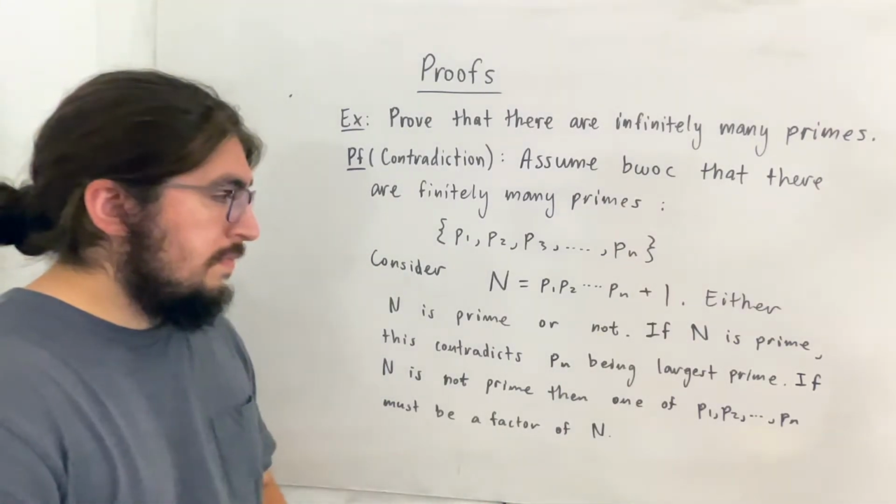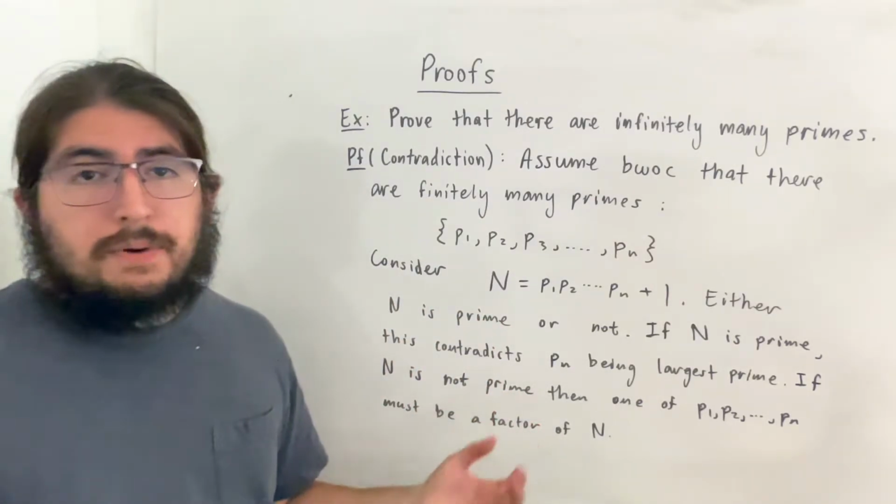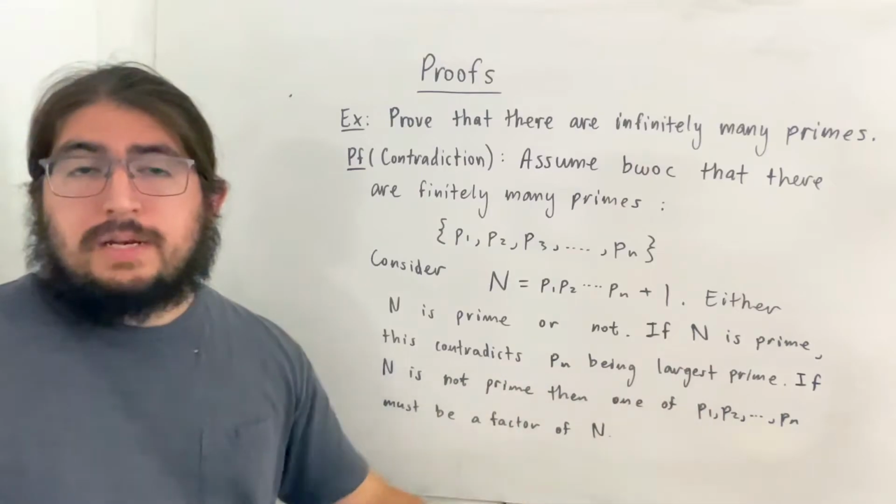And since these are all of the prime numbers, this number must factor, if it's not prime, with one of those being one of the factors.